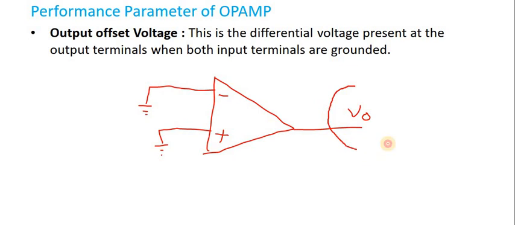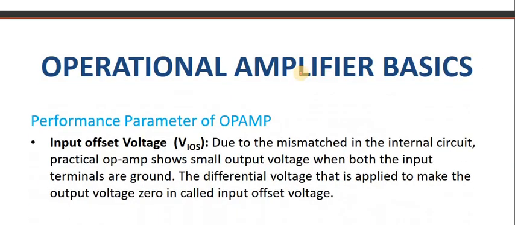You are getting output with zero input. This is called the output offset voltage: the differential voltage present at the output terminal when both input terminals are grounded.